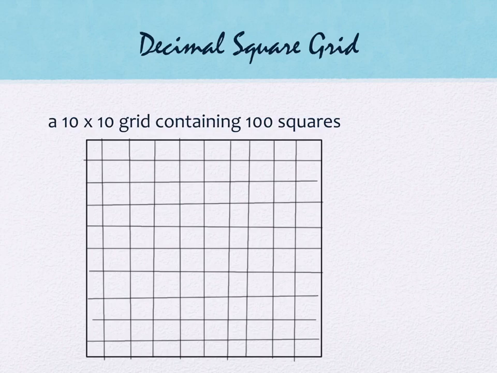Well, I think I've definitely drawn worse grids in my time, so we'll go with that one, okay. All right, so here's my grid containing 100 squares.